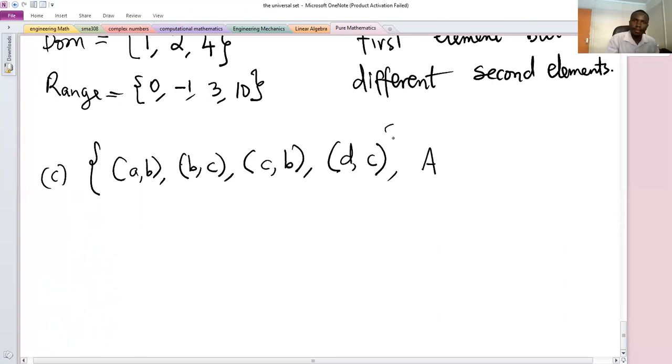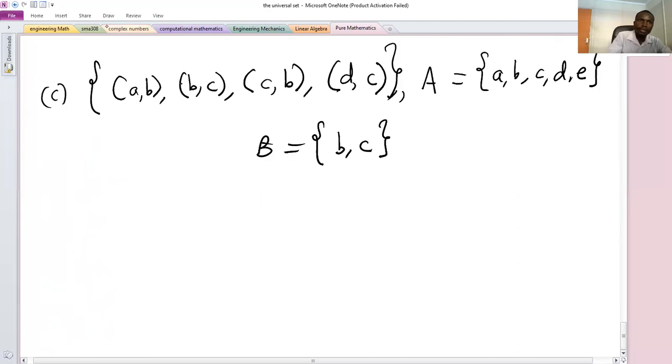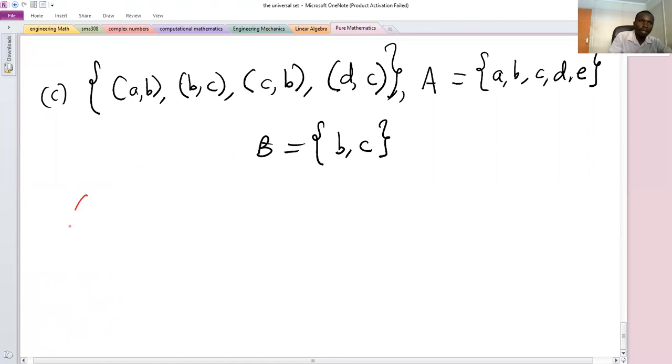Our set A is the set with elements A, B, C, D, and E, and set B is the set having only elements B and C. So let's draw the sketch for this, and we should be able to conclude from the sketch whether the given relation is a function or not.